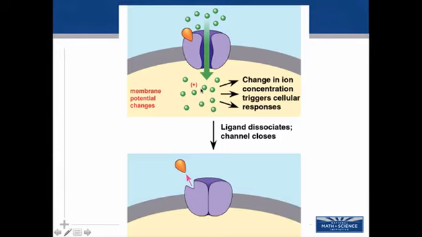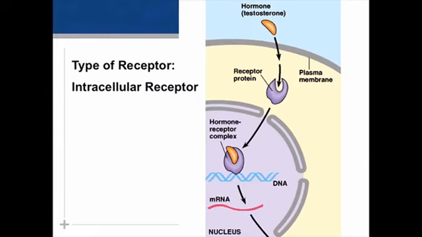So that's a typical mechanism for a receptor to have its ligand bind and then create an open channel. And then when the receptor is gone, that open channel will close and the cell communication ceases when the ions no longer can enter.